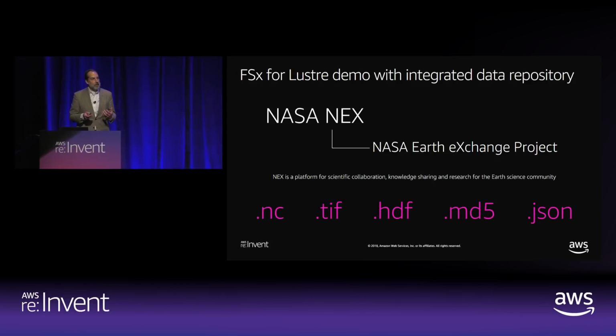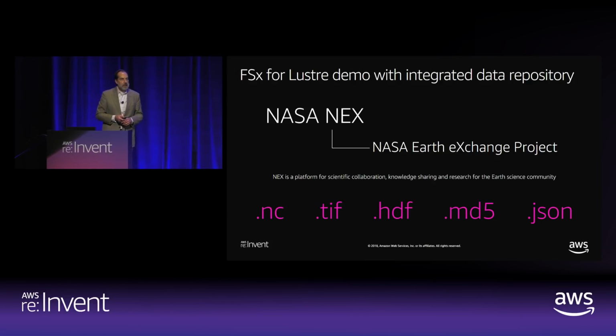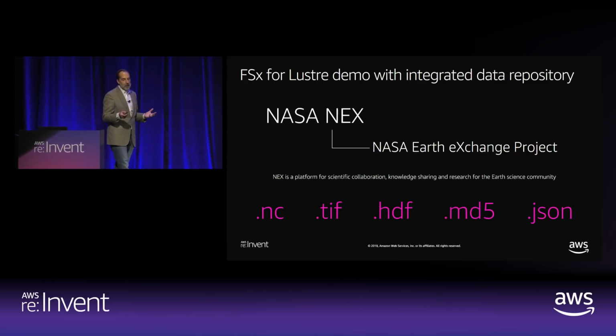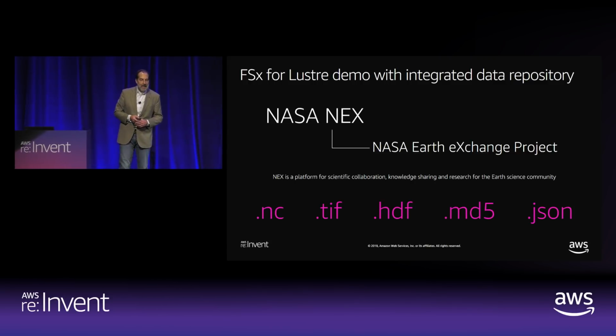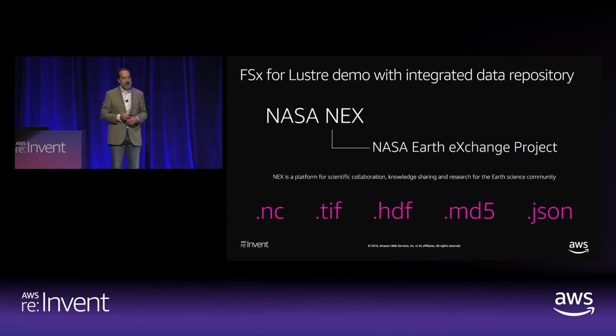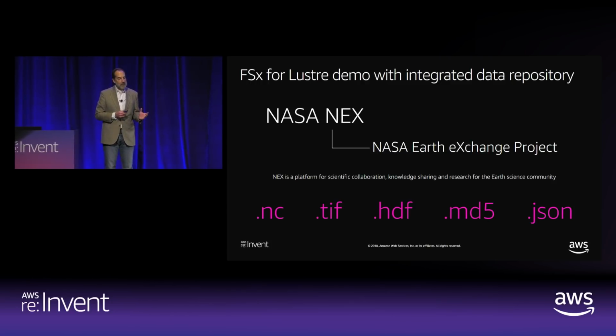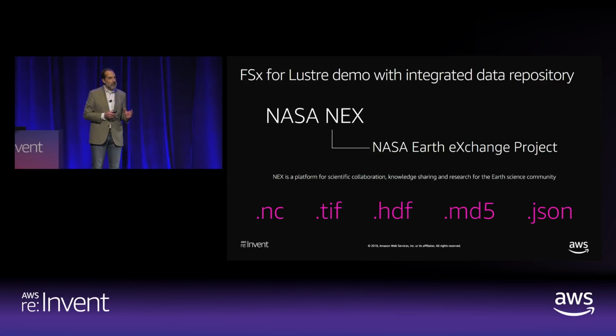So the data set that I'm using today is in an open data repository on AWS. NEX is really a platform for scientific collaboration, knowledge sharing, and research of earth sciences. So it contains objects of different sizes and file types.